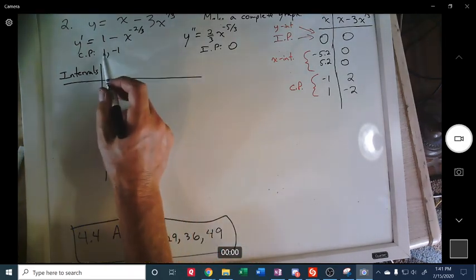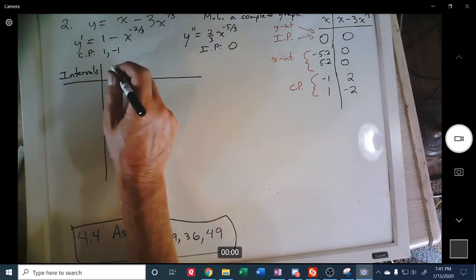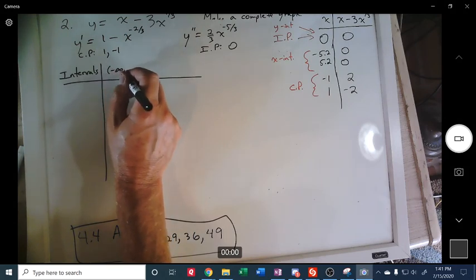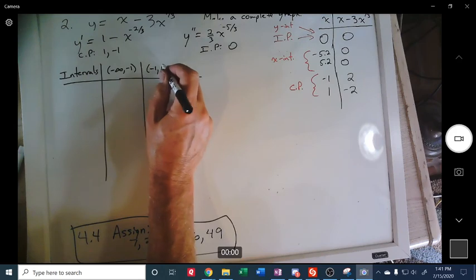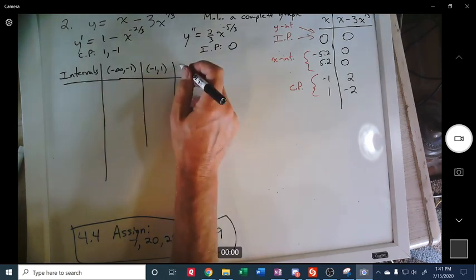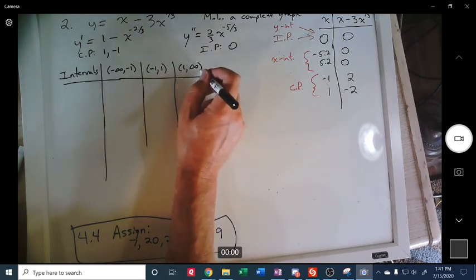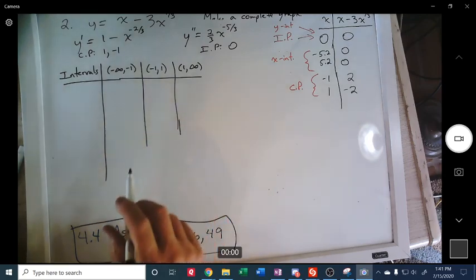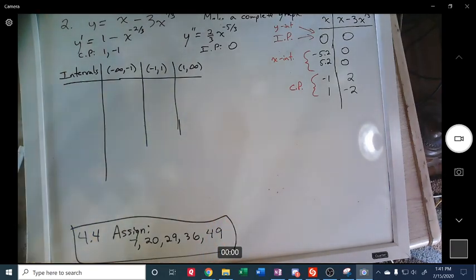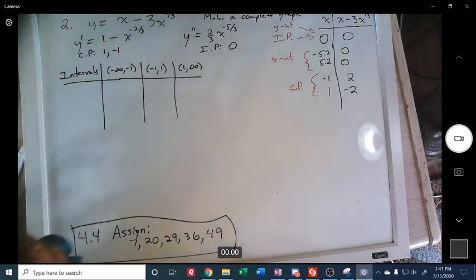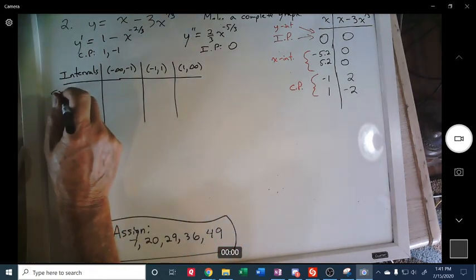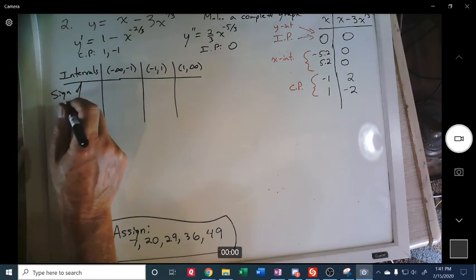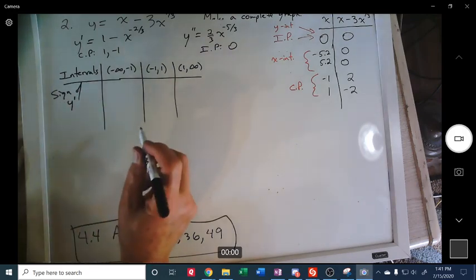So 1 and -1 gives me the intervals from -infinity to -1, from -1 to 1, and from 1 to infinity. And then the sign of y prime.